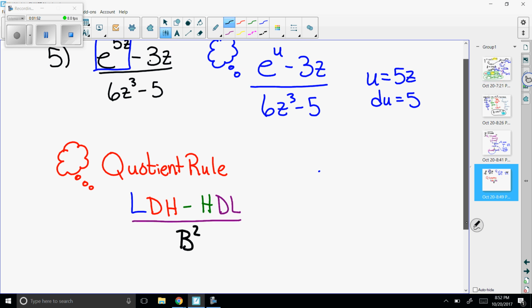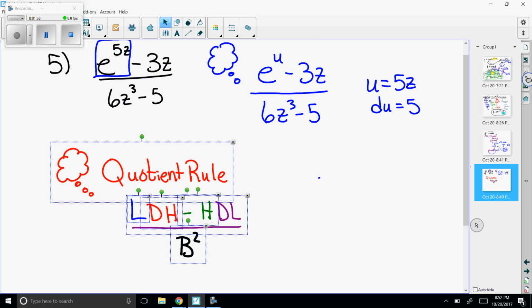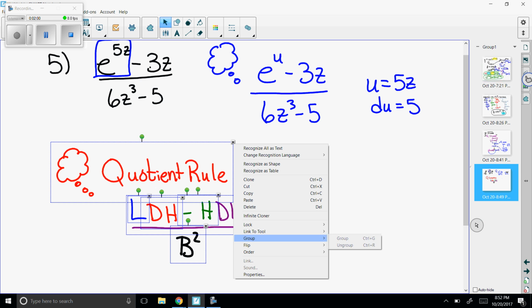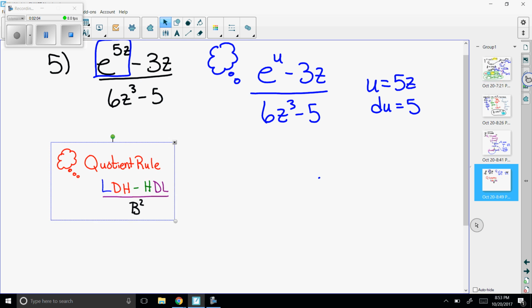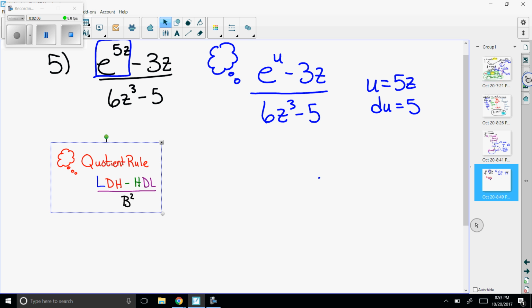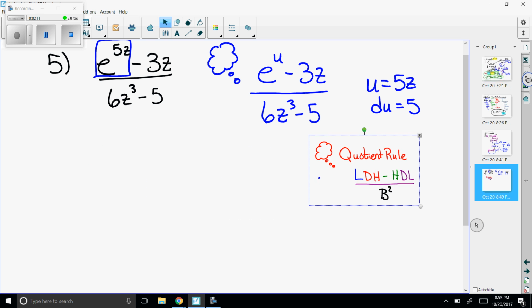Okay, I'm going to group this, and then I'm going to decrease the size of that just a little bit so that we can keep some of the other information on the screen. So this is the quotient rule right there that I have off to the side. I'm going to color coordinate it with what I have.